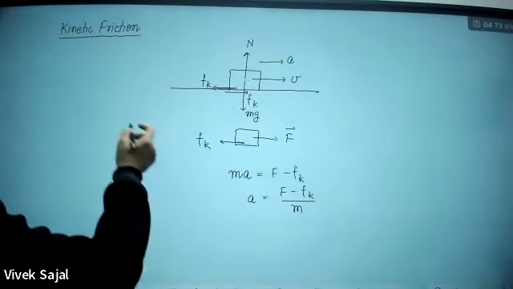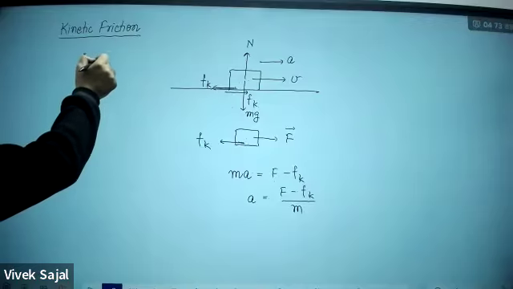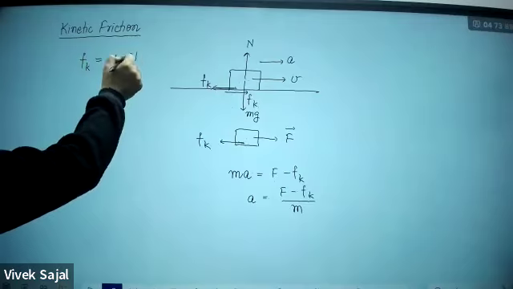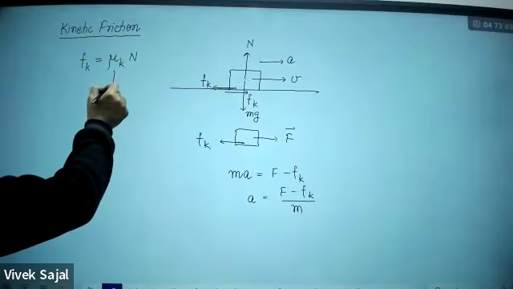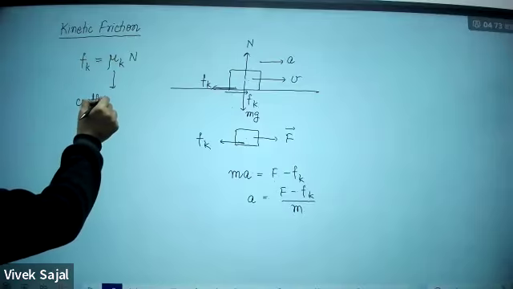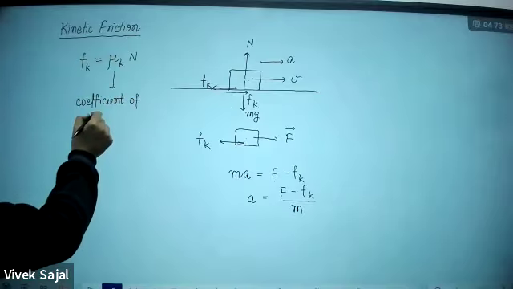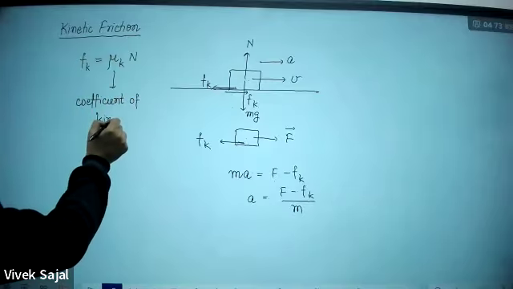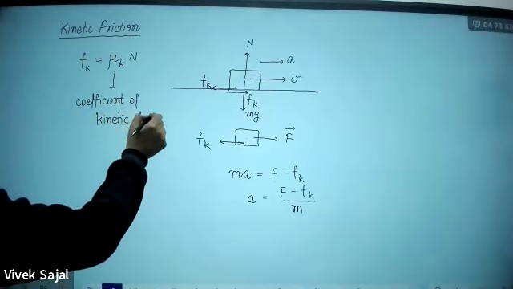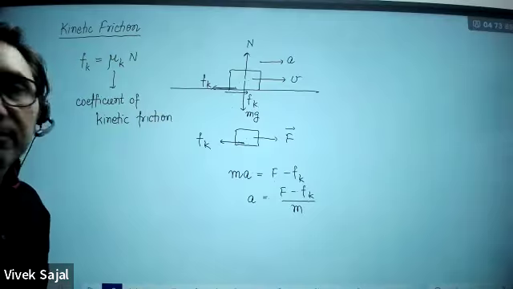And what will be the value of this kinetic friction force? Kinetic friction force will be equal to mu k into N. N is the normal reaction, and mu k is called the coefficient of kinetic friction.